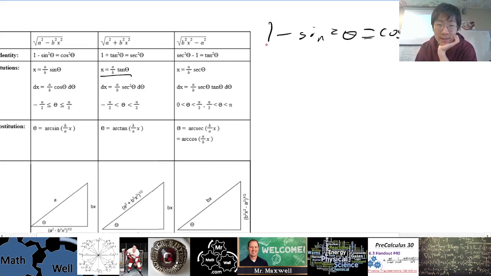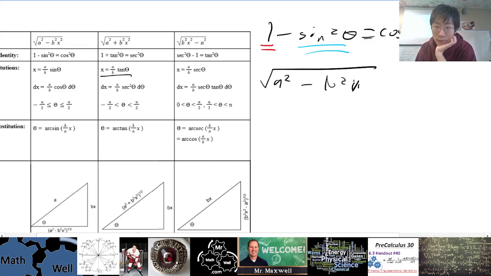This is a constant square minus a variable square. Sine squared theta has a variable, right? That's why the form it lines up with is root a squared, which is a constant, minus b squared x squared, which is a variable square, right? Now, how's that different from this third identity, b squared x squared minus a squared?